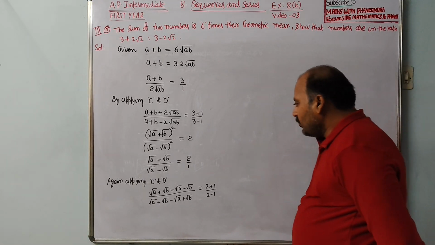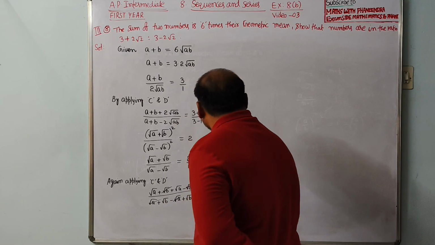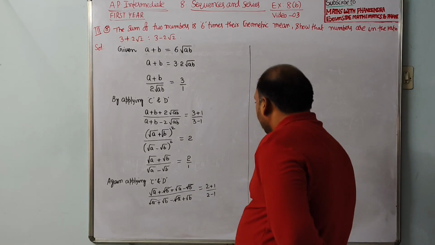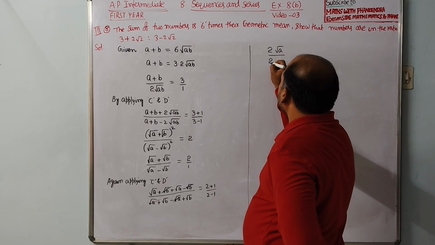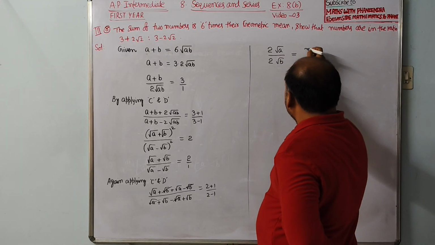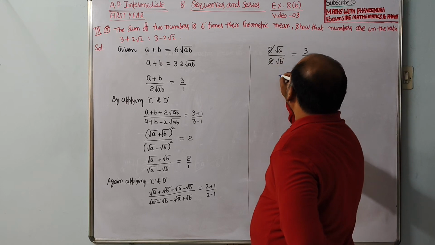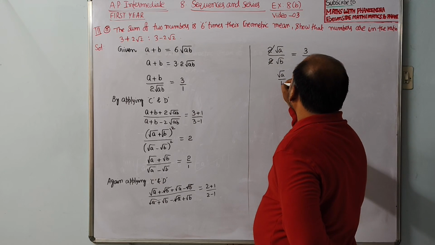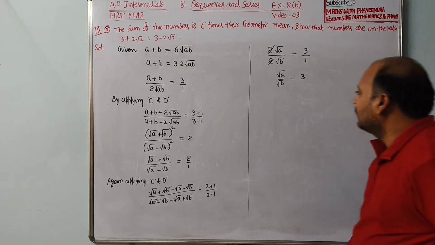Okay dear students, I hope you understand. These two will be cancelled. In this step you are getting 2 root a divided by 2 root b.